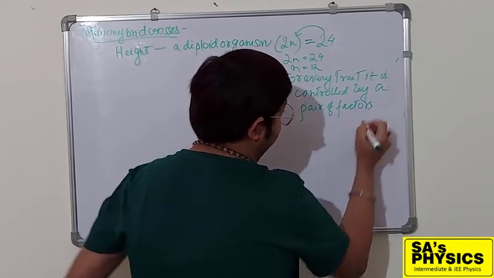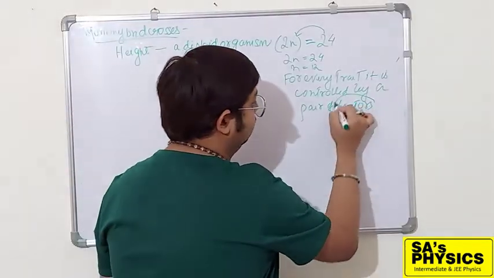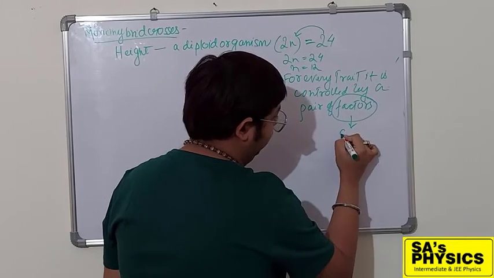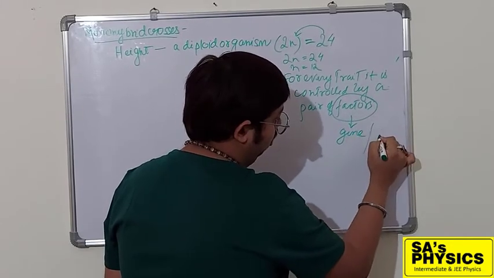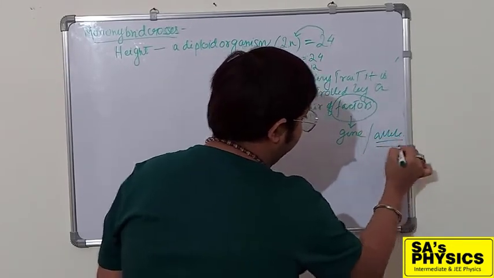Now we'll just see. So that is what Mendel said. He defined the term factors, which we today call as gene or allele, right?